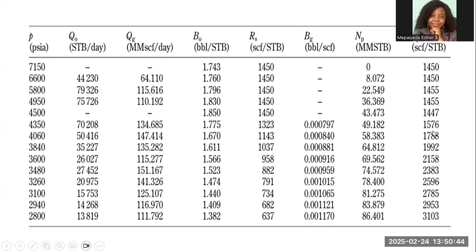So they are all different because in the saturated state, you have gas evolving from your oil. Okay, you have GOR produced to the surface. You have the RS continuously decreasing because there is evolving of the solution gas from within your oil system, okay?